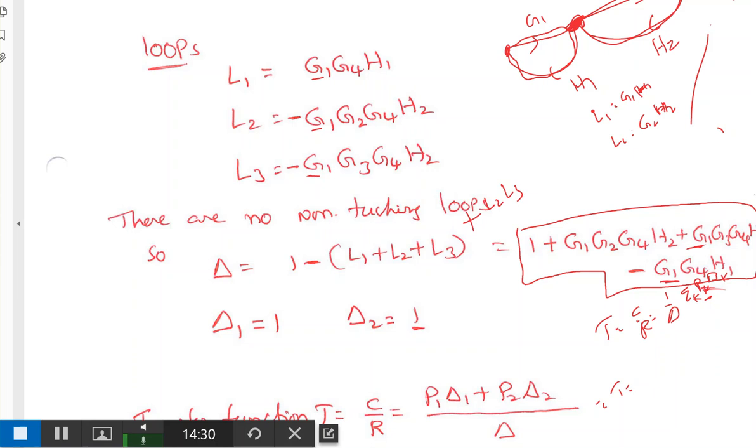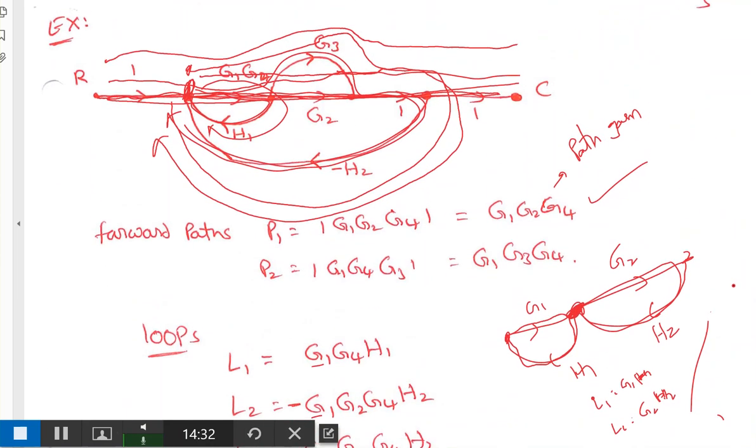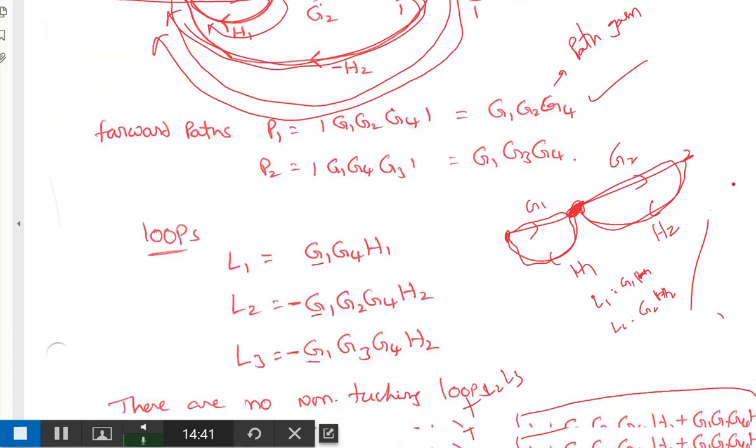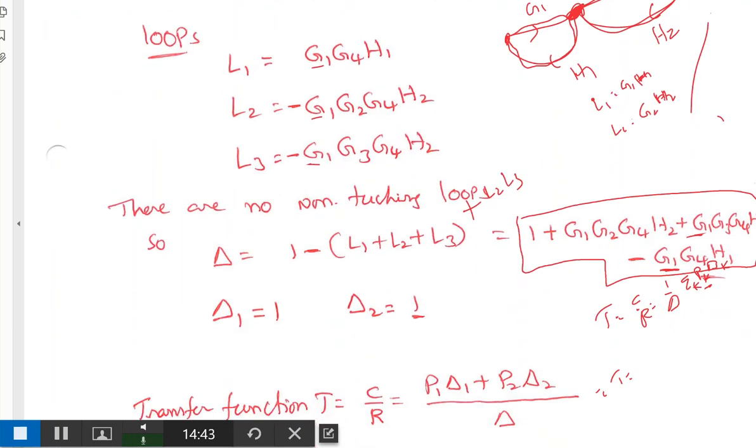Wherever I see G1, G4 or G2, eliminate that element from the delta. That's how I found delta 1. Same thing I found delta 2. If you do not understand at this point, don't worry, we're going to solve more examples in future videos.